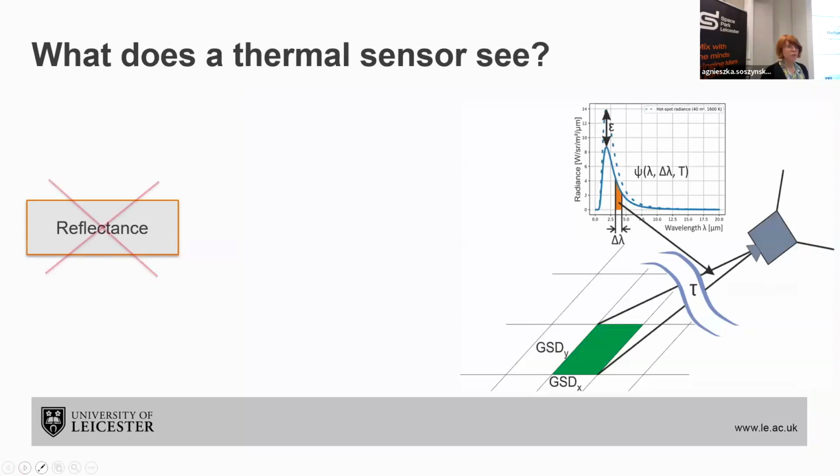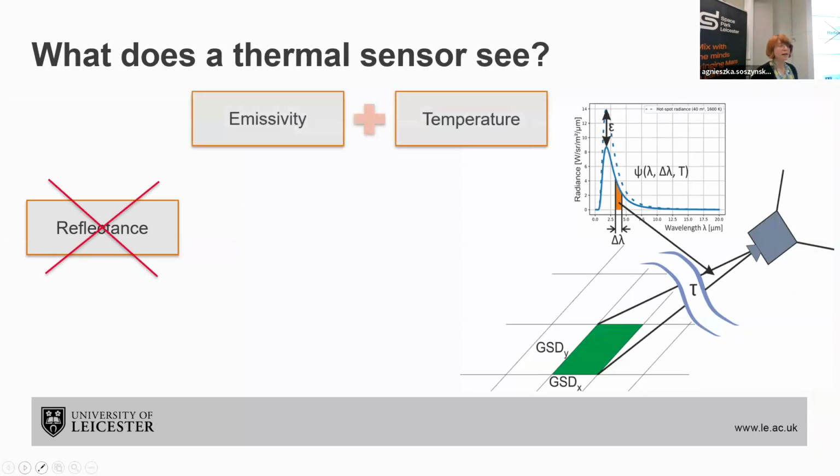We already know we don't see reflectance. You will see radiated heat, and you will also have emission. The components of the thermal signal at the surface are emissivity, which John already mentioned, as well as temperature. So this is our radiation at the surface.